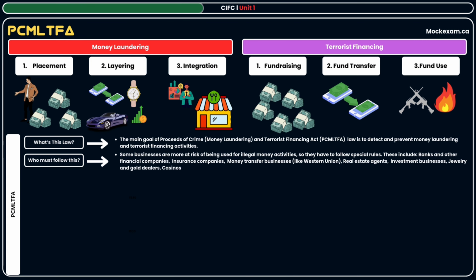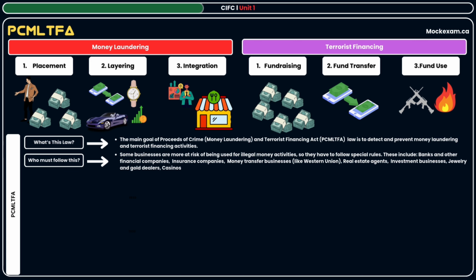These are almost all businesses, they need to follow this rule. Okay. So in the previous lecture, we had those three sets of rules. We know who should follow those three sets of rules. Now, these businesses that I mentioned need to follow also PCMLTFA rules.